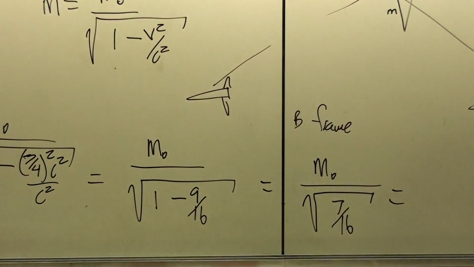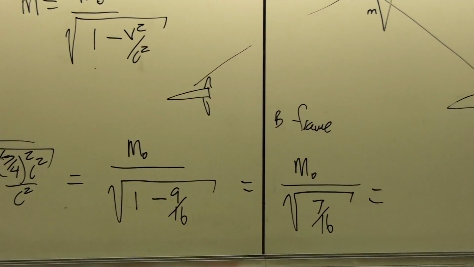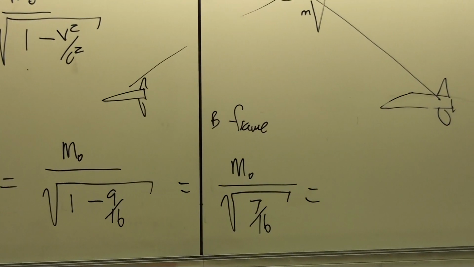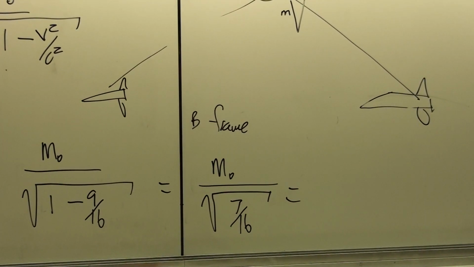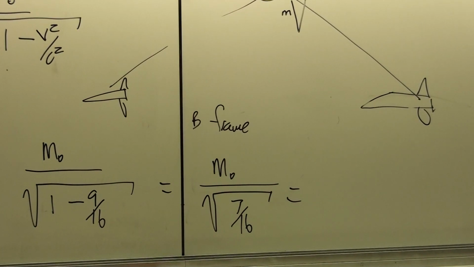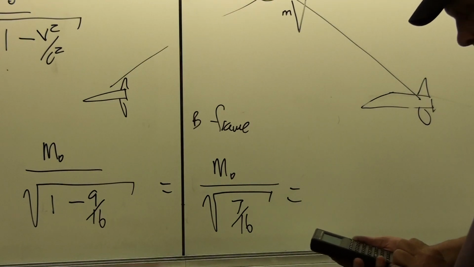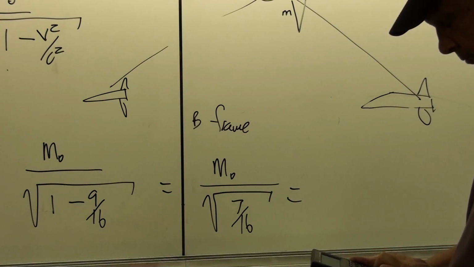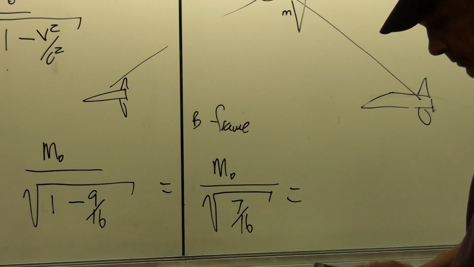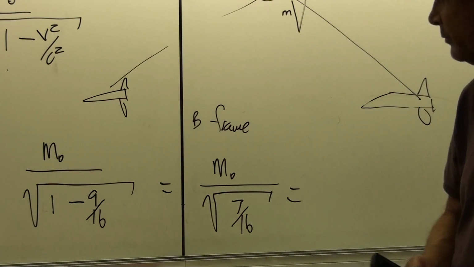Okay, so let's see if we can knock that number out real quick, and you might even be able to beat me to this, since I have to go retrieve my calculator. Okay, so that gives us 1.51.